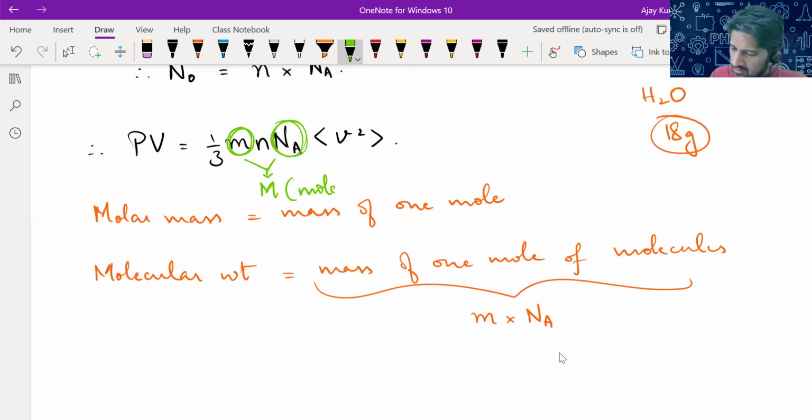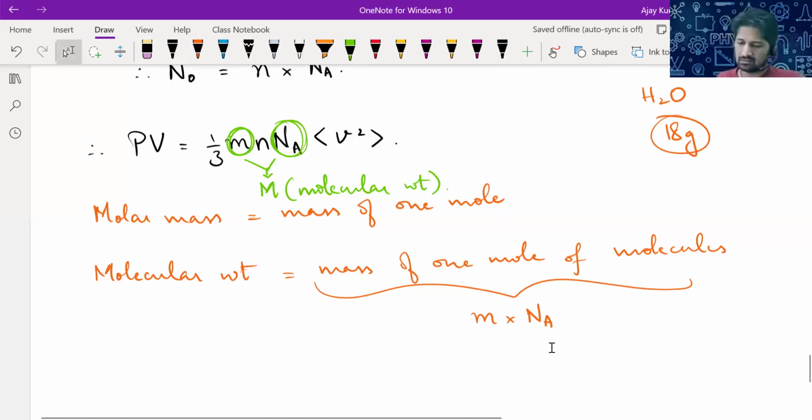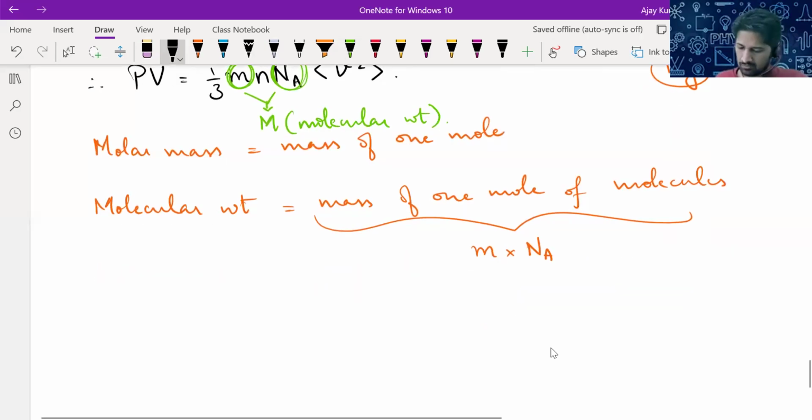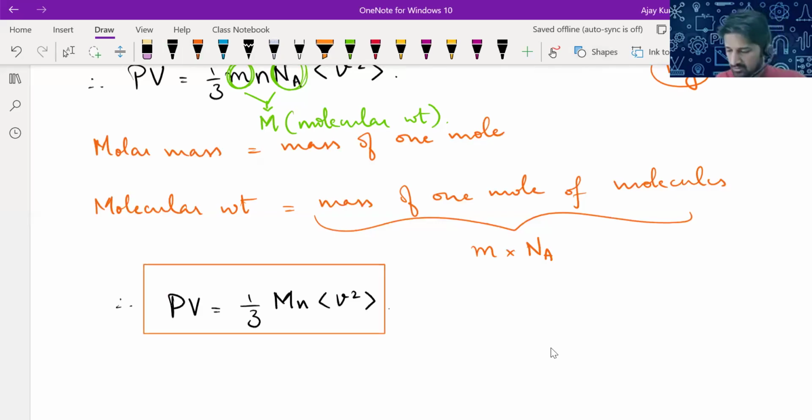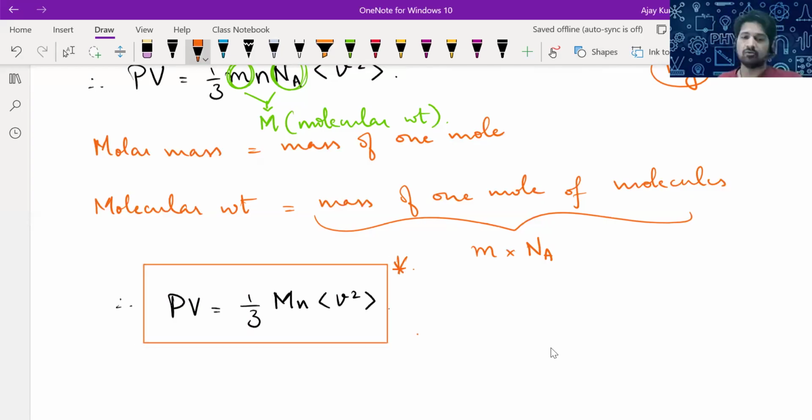Molecular weight of that particular gas. Therefore, we get PV is equal to 1 by 3 capital M N average of V square. Okay, this equation is very important. Based on this, we can derive the ideal gas equation, PV is equal to nRT.